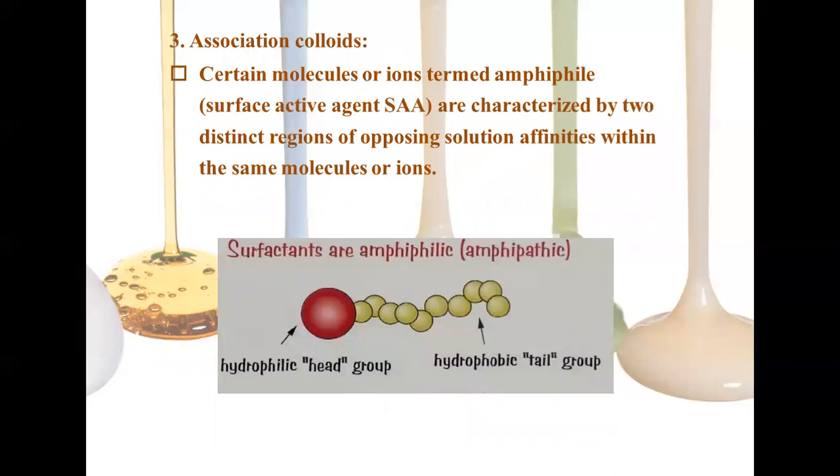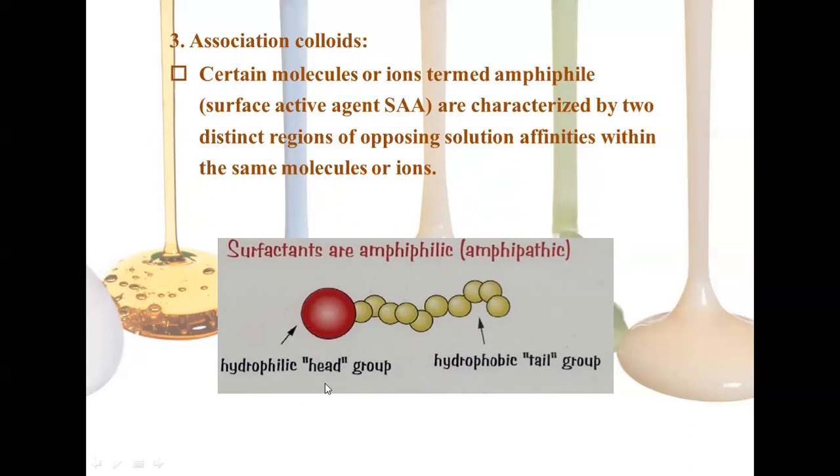Next is association colloids. Certain molecules or ions, termed amphiphiles, are surface active agents. They are characterized by two distinct regions of opposing solution affinities within the same molecule or ion. I have told in previous units, surfactants have two portions, a head group and a tail group.